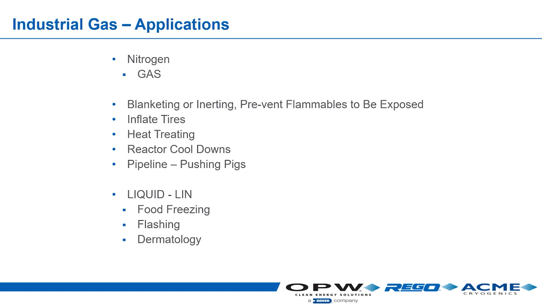Yep. Flashing is when you're doing a molding of some sort, like let's say you're putting rubber in a mold of a gasket, and they don't always come out clean. So you introduce it to cold nitrogen, and the burring, the little pieces and parts that are rigid on the side that didn't break off cleanly, the nitrogen will clean it. Once it goes through the cold nitrogen, it comes out perfect.